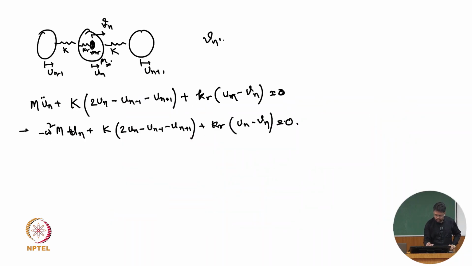So what we got? v_n equal to k_r divided by (k_r minus m_r omega square) into u_n. That was the correlation between u_n and v_n.